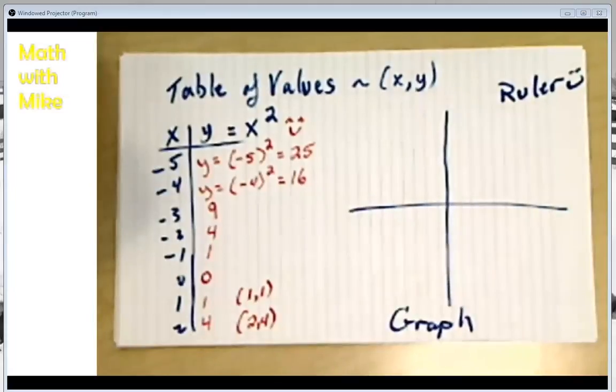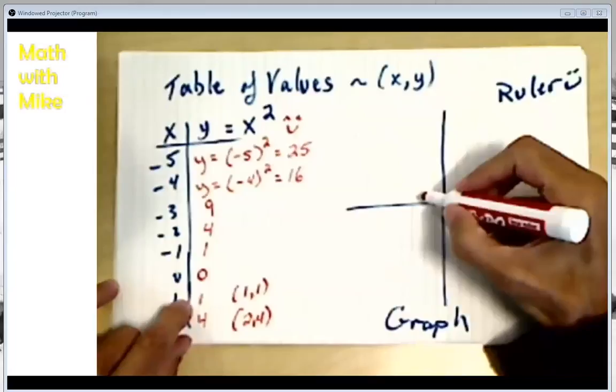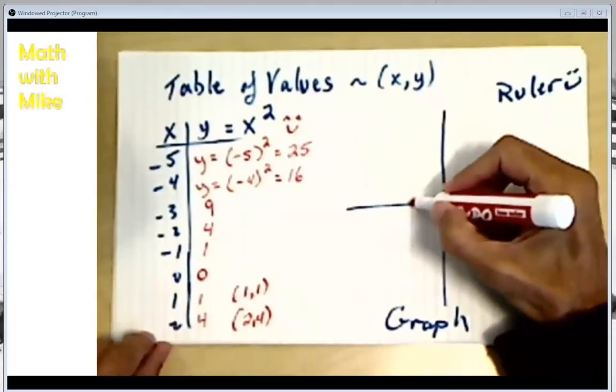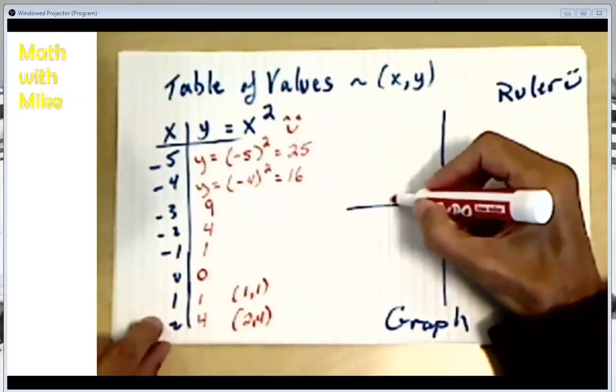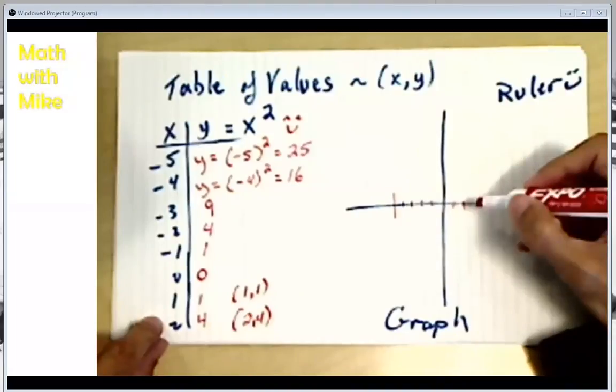Okay, so starting at the top, we got minus 5. So minus 1, 2, 3, 4, and minus 5 is about there. Plus 1, plus 2, like that down there.